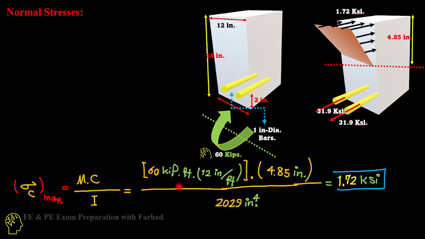We have a 60 kilopound feet moment converted to inches, 12 inch per feet, times the distance 4.85 inches over the moment of inertia of the whole section, which is 29 inch to the fourth, and that gives us a sigma compression for concrete maximum of 1.72 kilopound per square inch.